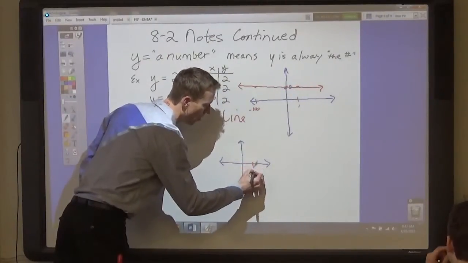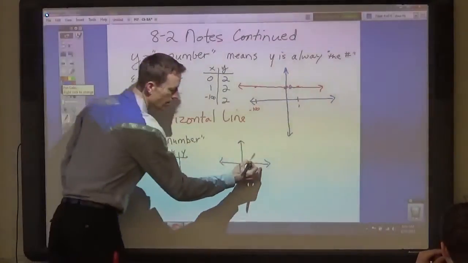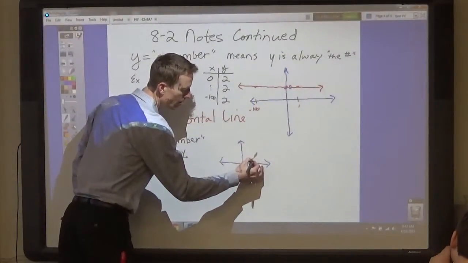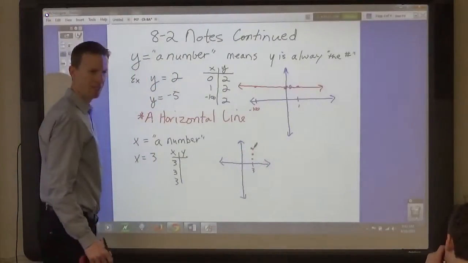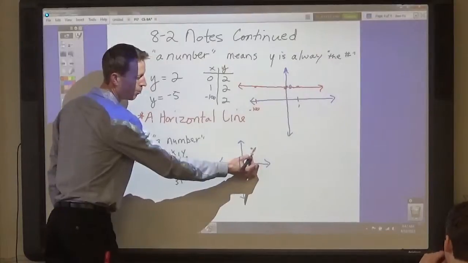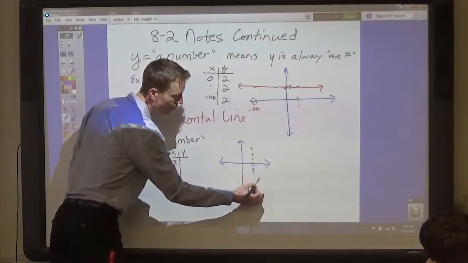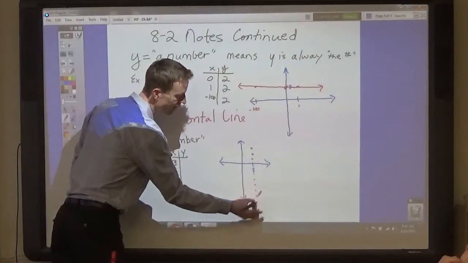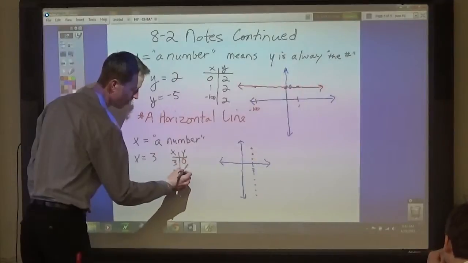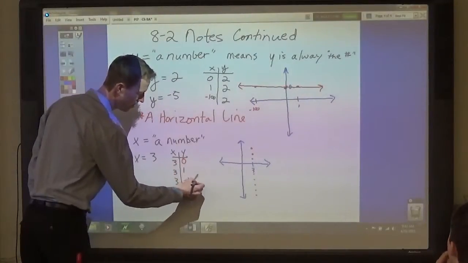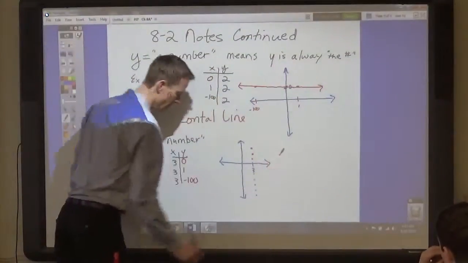If x is always 3, for every y value, it would be 3, 1. 3, 2, 3, 3, 3, negative 100. And it's a vertical line.